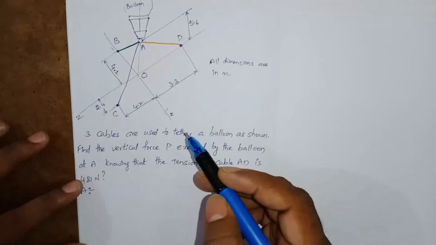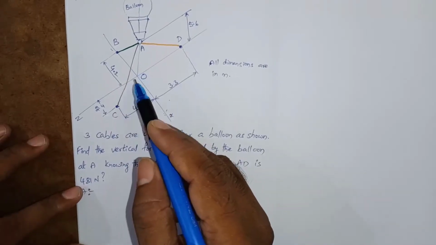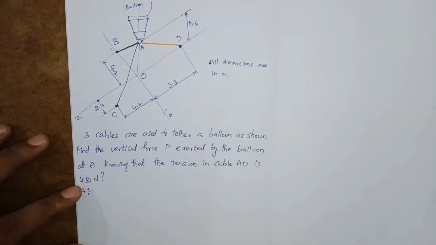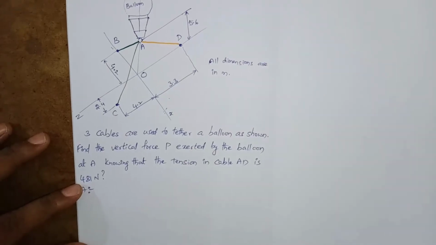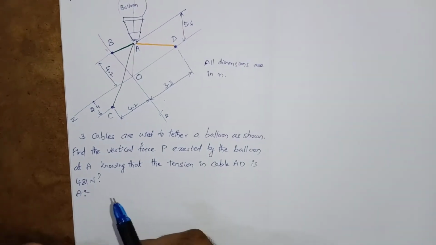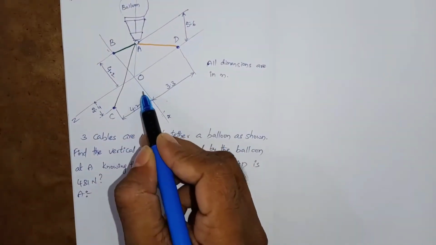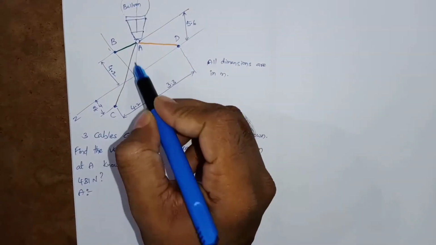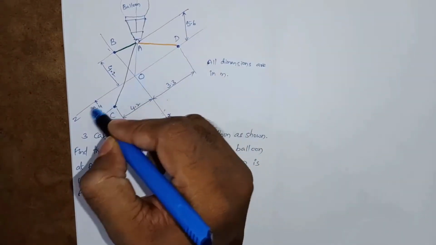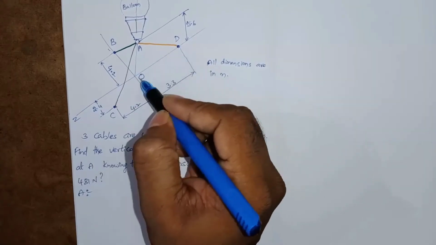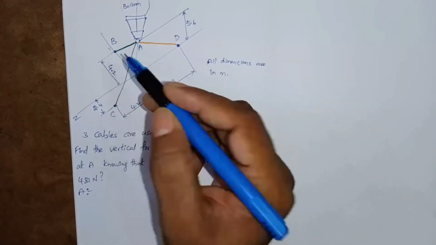So let us write the coordinates of all the points A, B, C, D. Here in the coordinate system, this is the positive x-axis, this is the positive y-axis, this is the positive z-axis, and this is the negative z-axis, negative x-axis.